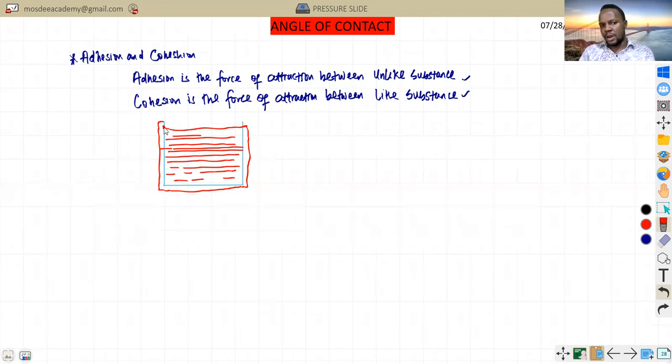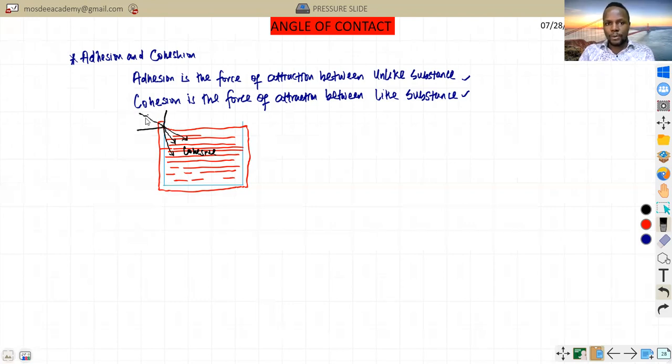Because of that, there will be a force that pulls this in an inward direction, and that is the cohesive force. Another force will act between this container and the water, and it will act outside, as you can see.